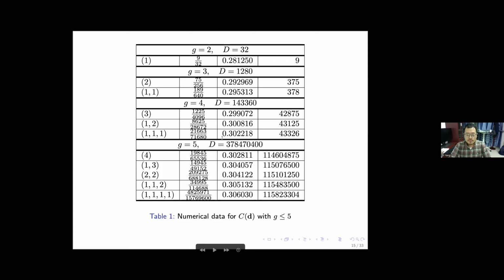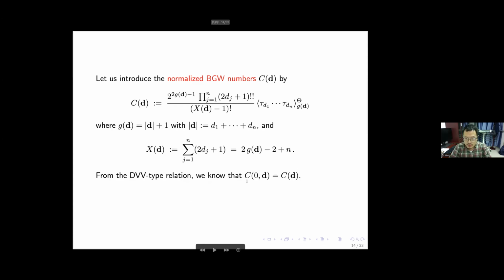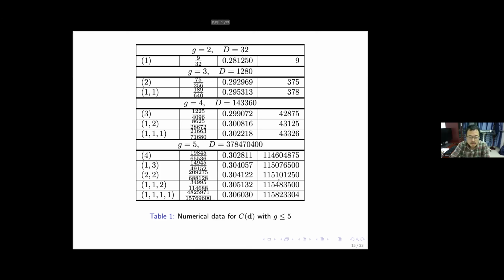Because of this property, C_{0D} equals C_D, we only need to look at the usual partitions with positive parts. They are categorized by this G, the weight plus 1. When G equals 2, there is just one partition, which is 1. When G equals 3, there are 2 partitions, 2 and 1,1. When G equals 4, there are 3 partitions: 3, 2,1, and 1,1,1.